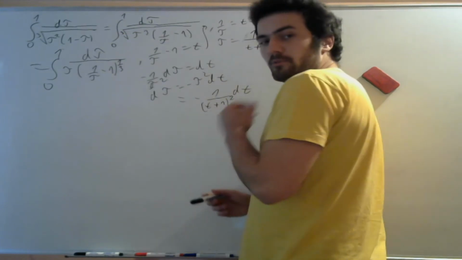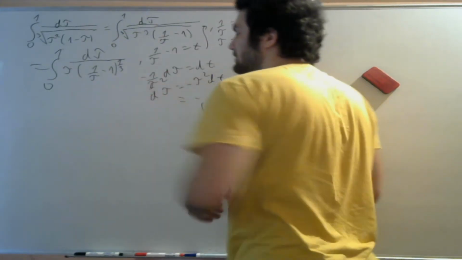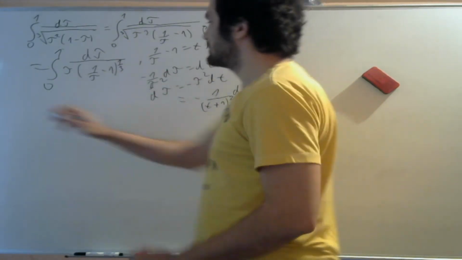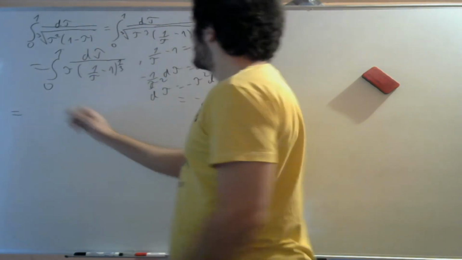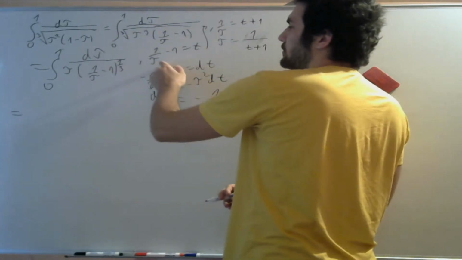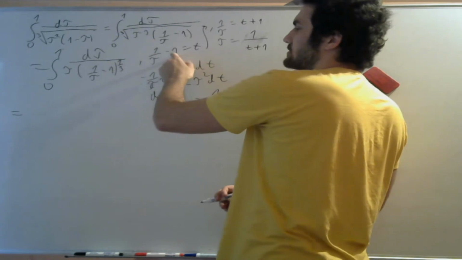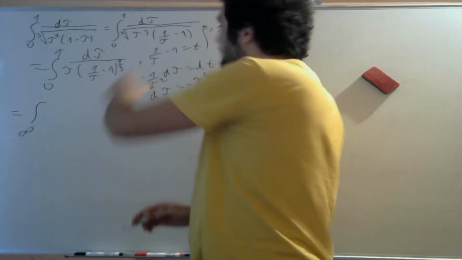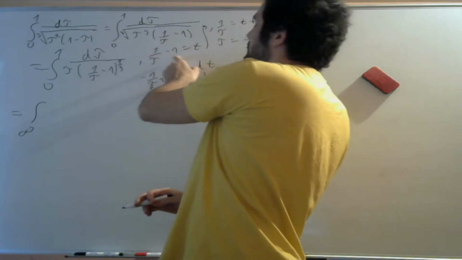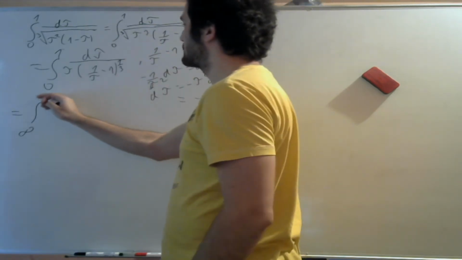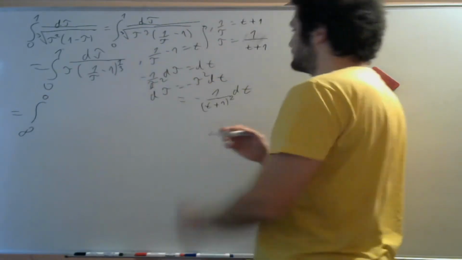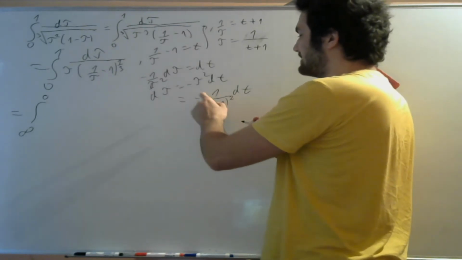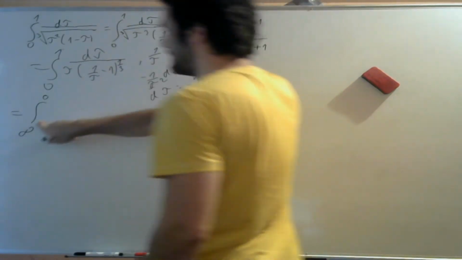Alright, and now let's plug it back into our integral. Let's see what we get. When we put 0, we get 1 over 0, this is infinity, minus 1, this is just infinity. When we put 1, we get 1 over 1 minus 1, this is 0. D tau is just negative, but we will use the negative to flip the boundaries.